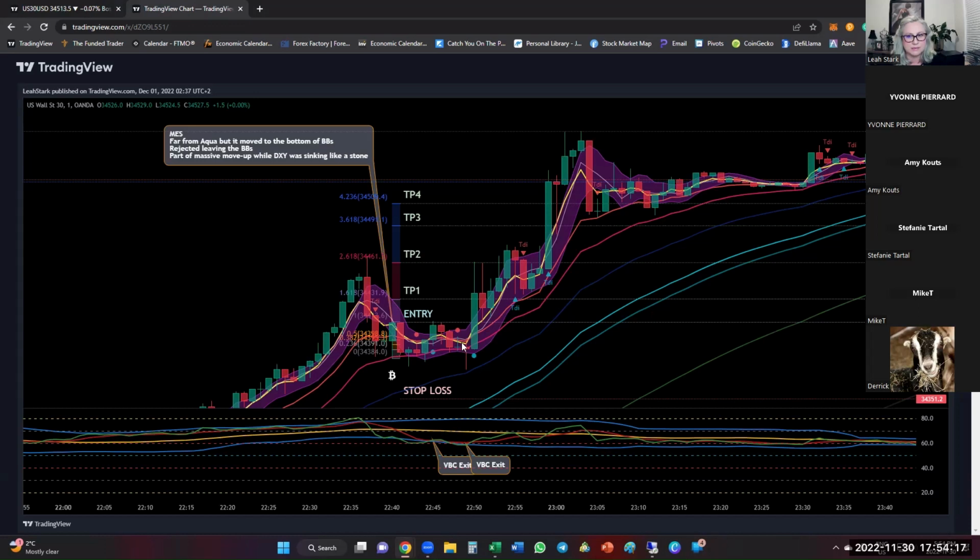Even though there were reasons I shouldn't have necessarily taken it, I was trusting that if I'm going to enter this trade, I am willing to risk the amount of points, or whatever it is, in my stop loss in order to take that trade. And the risk to reward on it was not very good, because this is the fractal that's down here. So my stop loss was below that level.